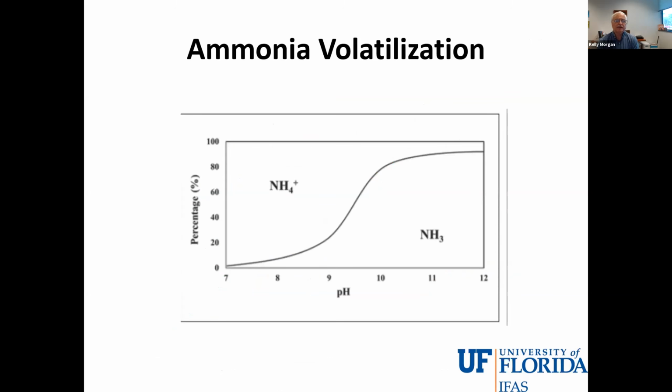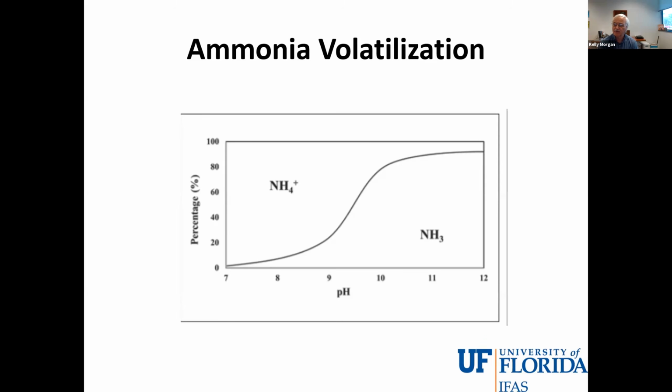Some of the reasons for this are the different impacts on your fertilizer components. If you're applying an ammonium source of fertilizer at a low pH, your fertilizer stays in the ammonium form. But once you cross neutrality at 7 and you increase the soil pH, the ammonium turns to ammonia, and that can volatilize through our porous soils.